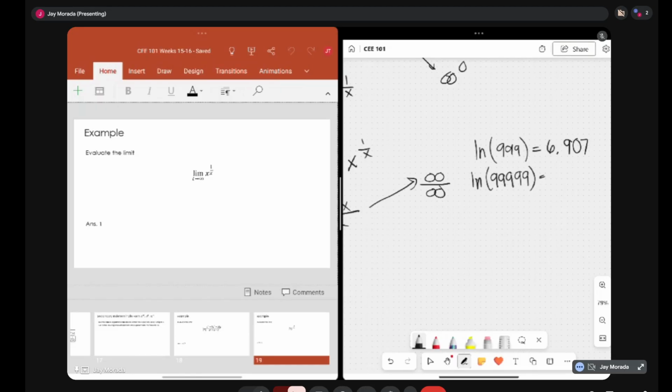Let's say 5 nines. That will leave us with 11.513. Now, as you can see, it is increasing. It does not converge to a specific value. It is diverging, but slowly.